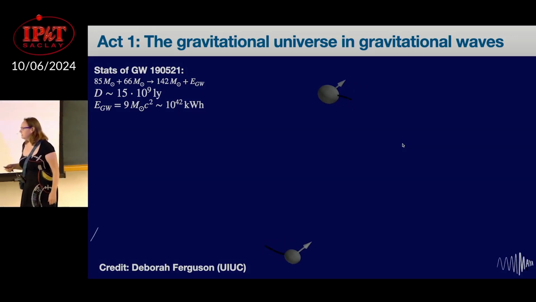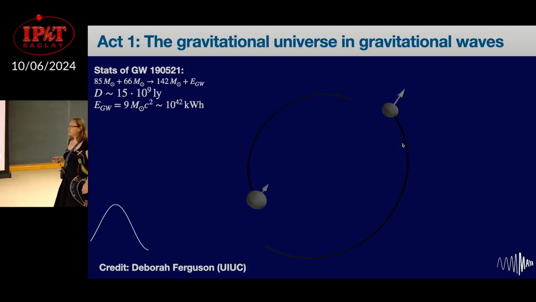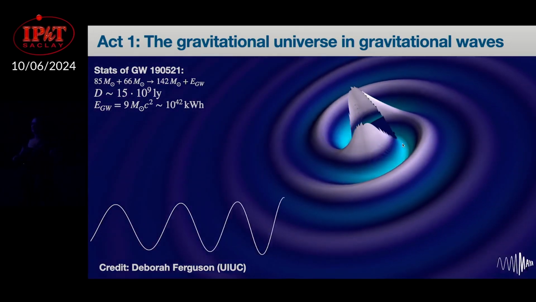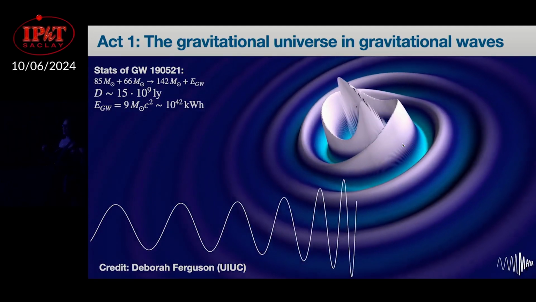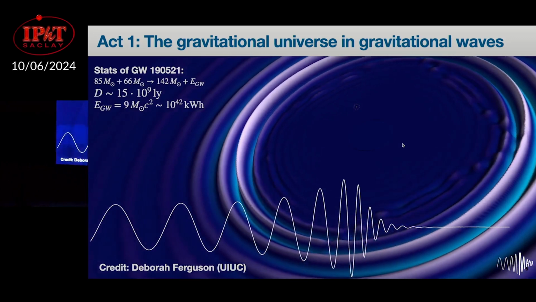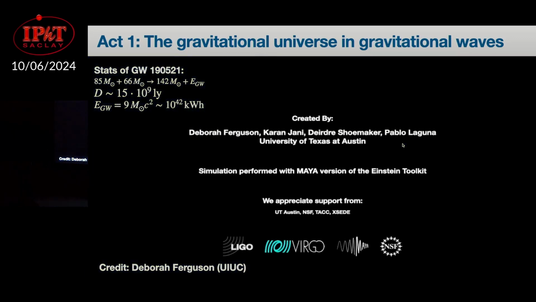So let me start the animation. You will see our two black holes orbiting around each other. I will also play it again. As our black holes orbit around each other, they generate these gravitational waves.